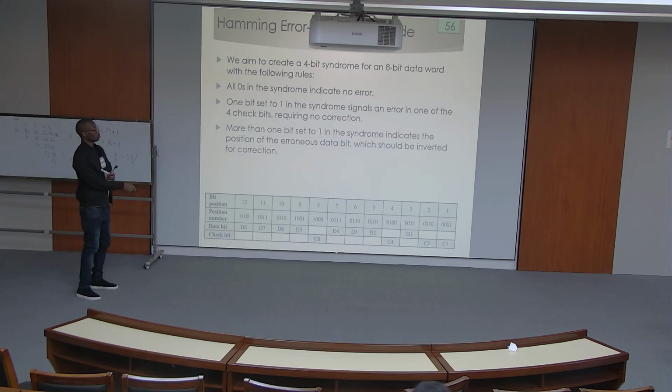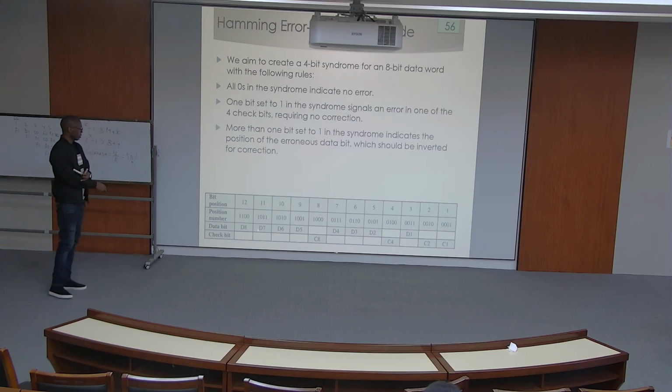Okay, C2 is D1, D3, D4, D6, D7. Okay, C8 is D5, D6, correct, D7, D8, correct.